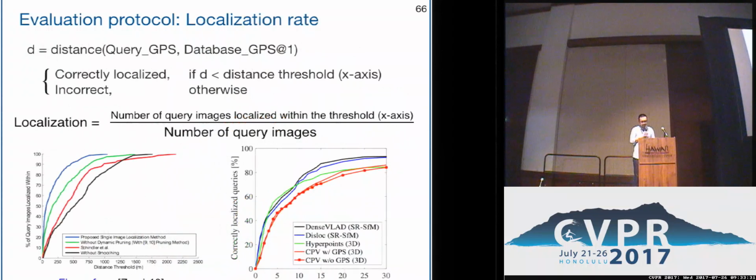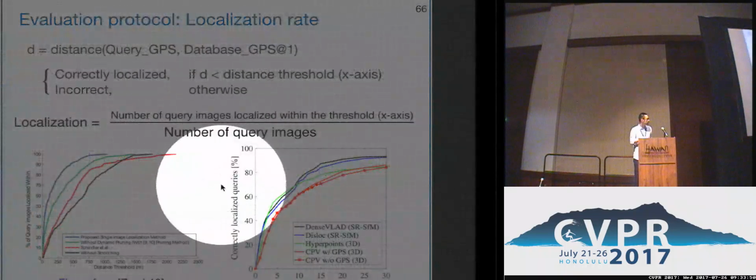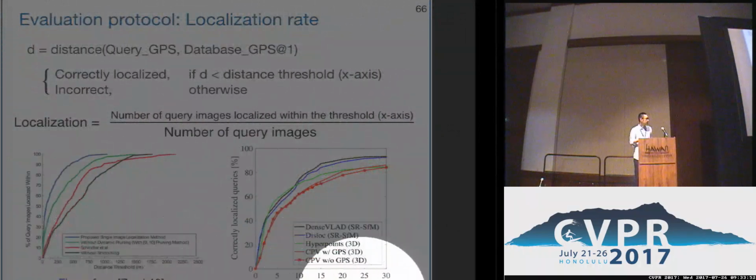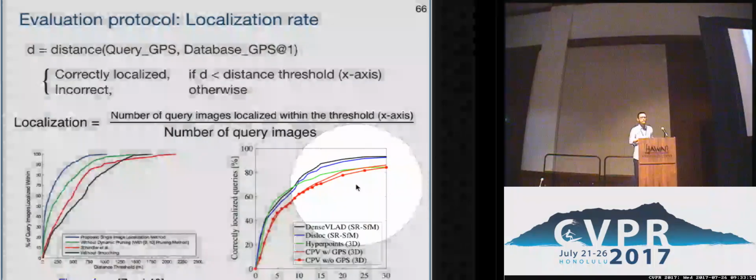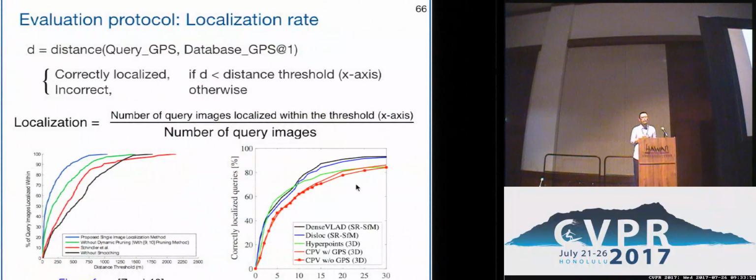But if you want to compare with the 3D method, I think it is fairer to evaluate only the top one retrieved image and evaluate with the positions. So the x-axis of the graph will be the distance threshold like this, and the y-axis will be the rate of correctly localized images.